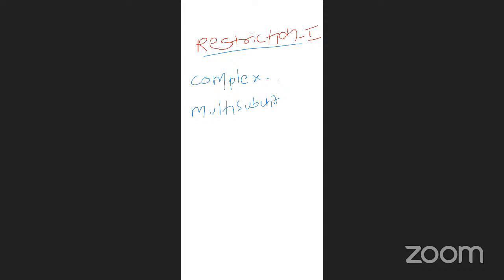As I said earlier, what are the multitasks? What are the functions of restriction endonucleases?